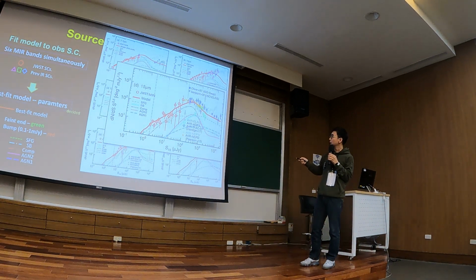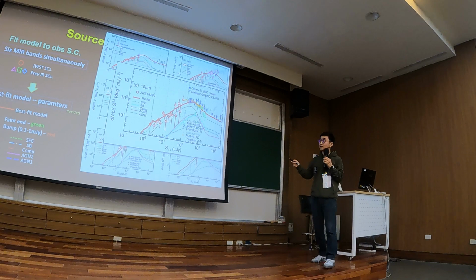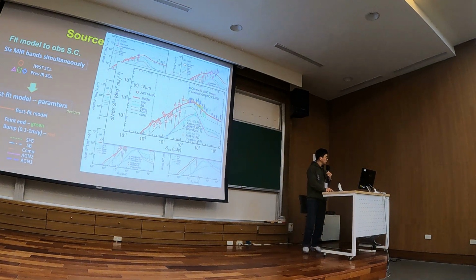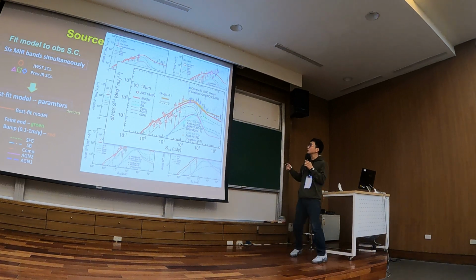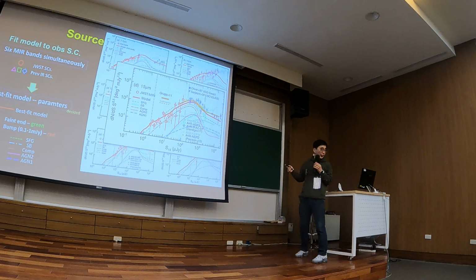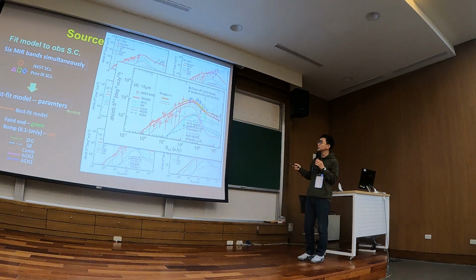At the fainter end and the brighter end, we can see that this green line is star-forming galaxies. If we compare with the previous model, this yellow-brown curve is the previous model, based on the previous source counts from Spitzer and Akari, but it doesn't include the JWST source count.